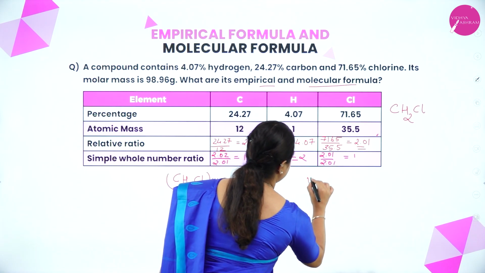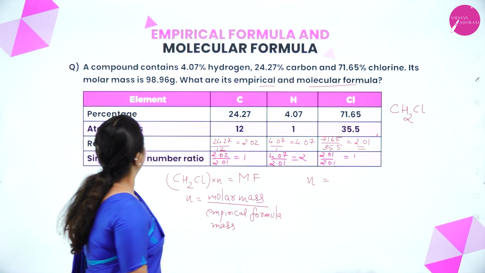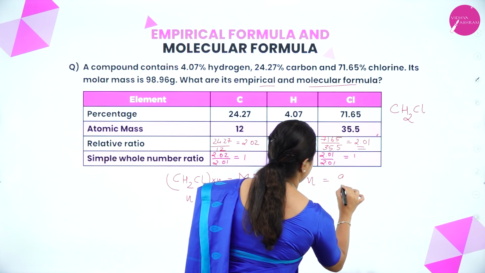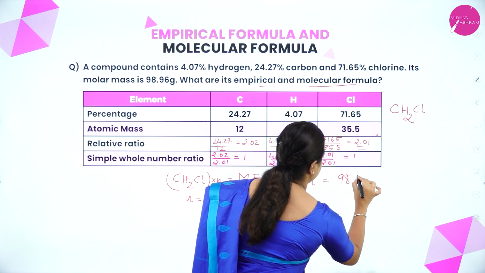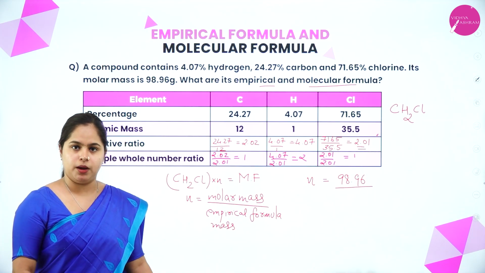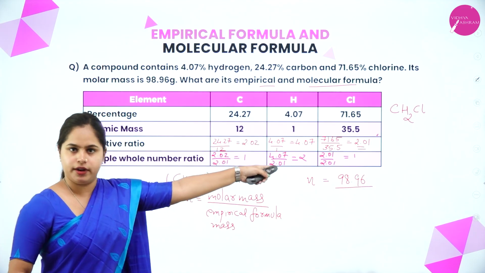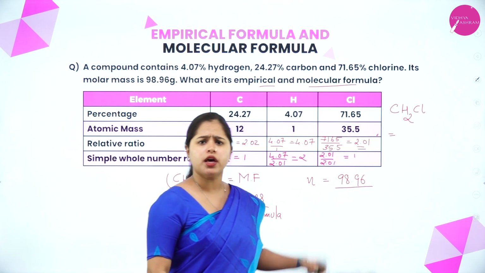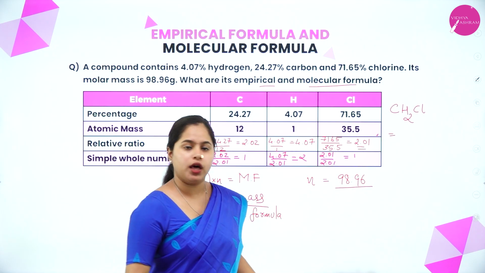So N is equal to, the molar mass is given here, 98.96. Now you have to divide it by the empirical formula mass. Empirical formula we already found. Now it's simple to find out the molar mass of this. How do you find the molar mass of this?